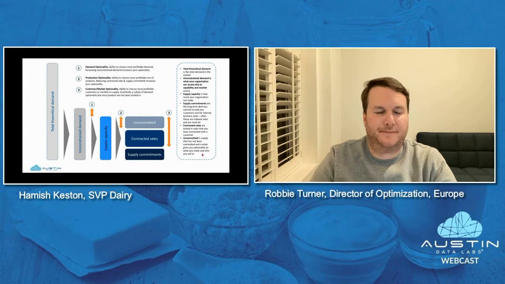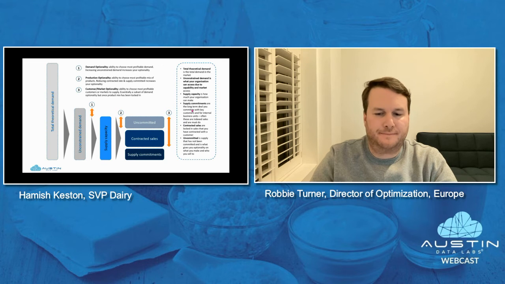And then if we move across to point 3, I think of this as customer market optionality. So you've made the products, they're sitting in stock, or you've committed to make the products, but then you can choose which customers you allocate that to and which markets it goes to supply. So essentially it's a subset of demand optionality, but once the product mix has been locked in.